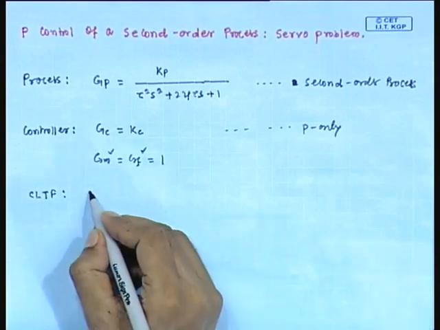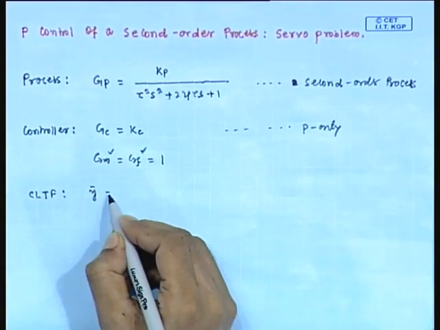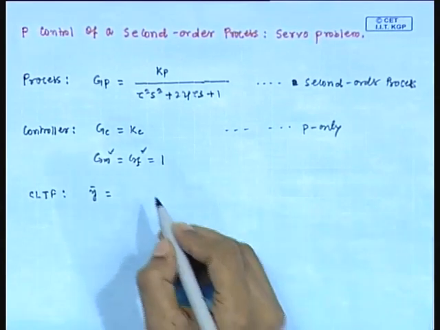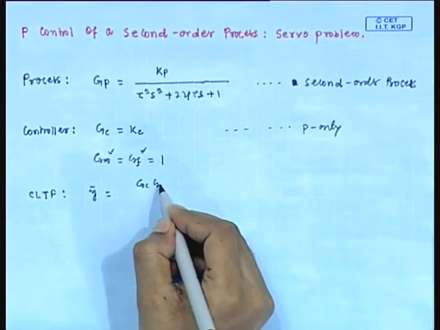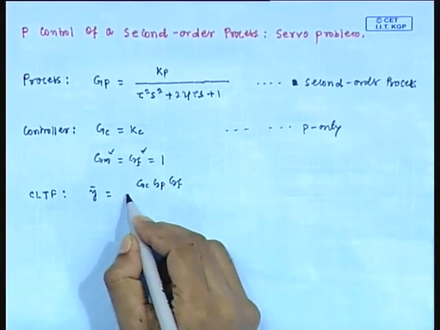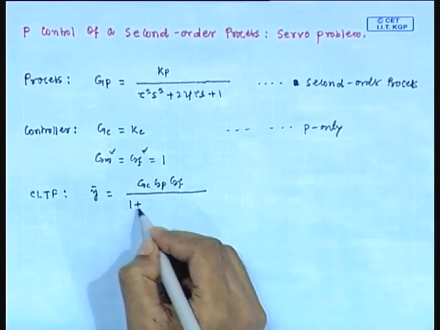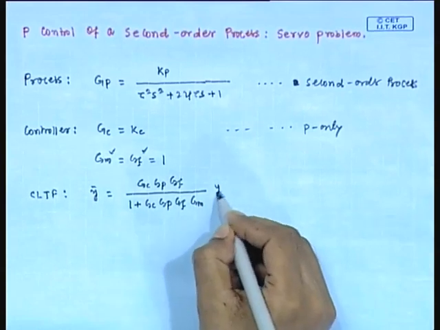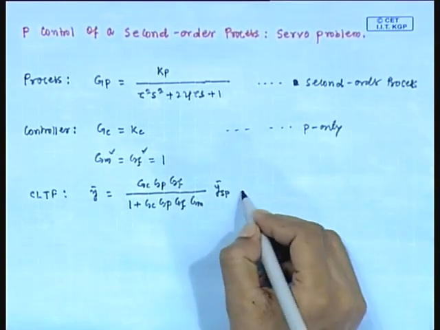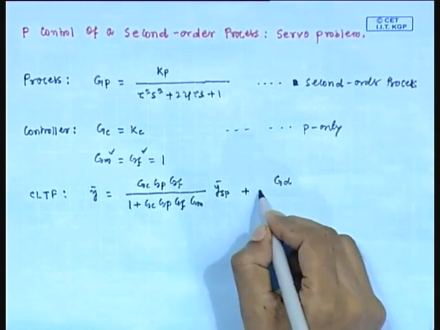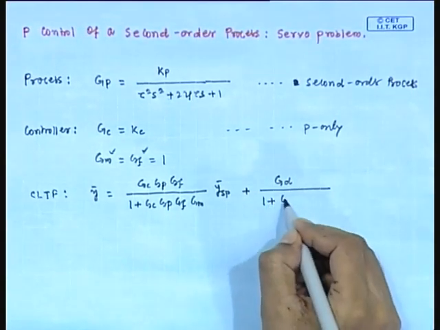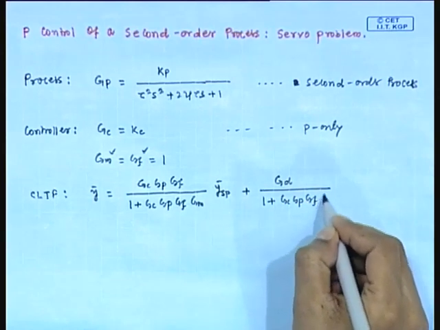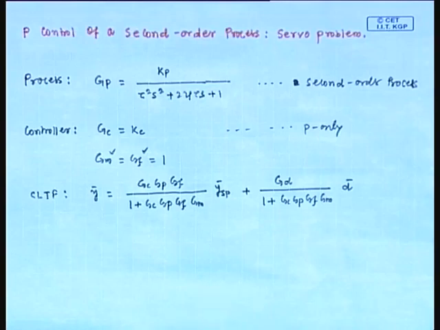It is represented as y bar equals Gc Gp Gf divided by 1 plus Gc Gp Gf Gm, times y set point bar, plus Gd divided by 1 plus Gc Gp Gf Gm, times d bar. This is the general form of closed loop transfer function.